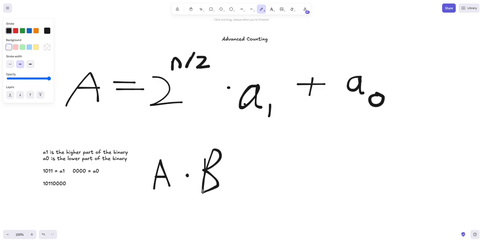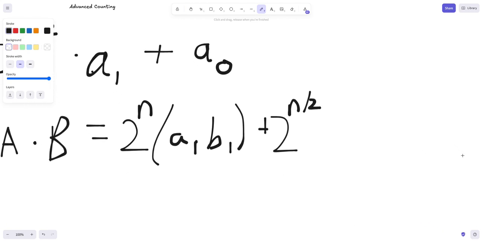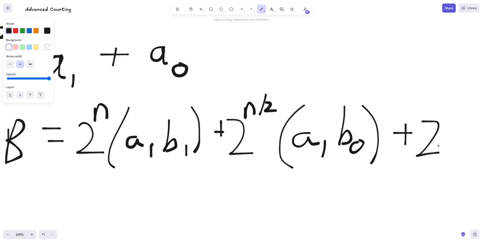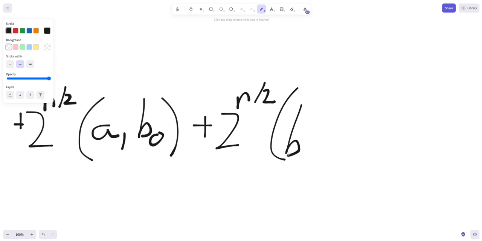So we have A times B, and this would look something like 2 to the power n times A1 times B1, plus 2 to the power n over 2 times A1 times B0, plus 2 to the power n over 2 times B1 and A0.